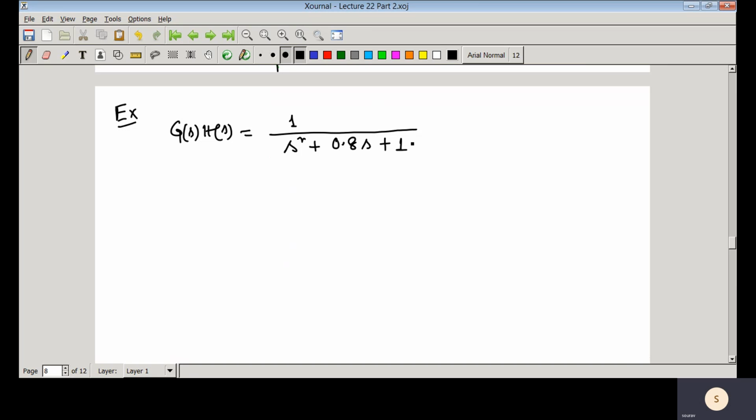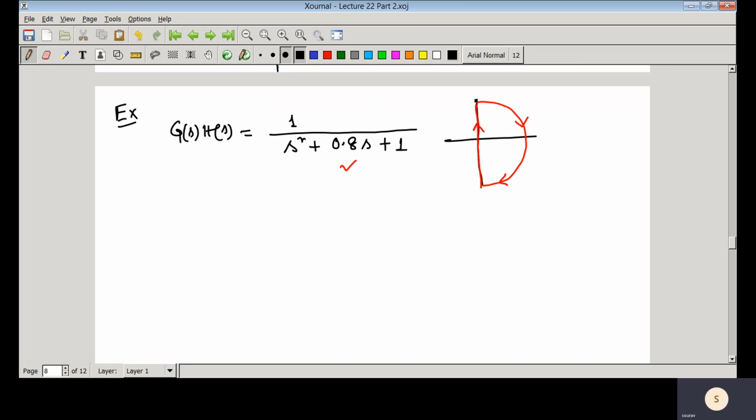What we are trying to do, if you have a Nyquist contour: first of all, this is G of s, H of s. It does not have any pole or zero on the imaginary axis. So that means we can take the Nyquist contour like this. So this is the Nyquist contour.